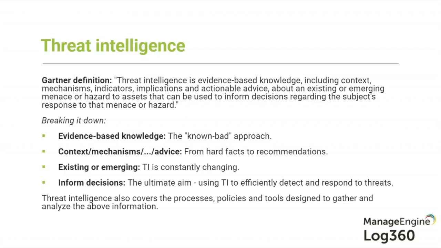Threat intelligence is essentially evidence based knowledge. What this means is threat intelligence is based on a known bad approach. This is a highly classic, but still highly efficient, approach to network security.